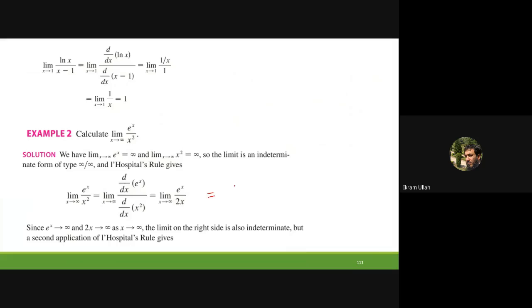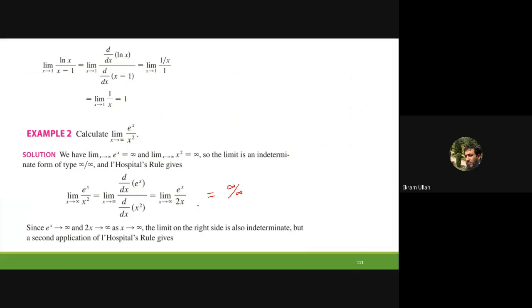This means that again we get the infinity by infinity form if we directly apply the limit on this function. So we again use L'Hopital's rule.